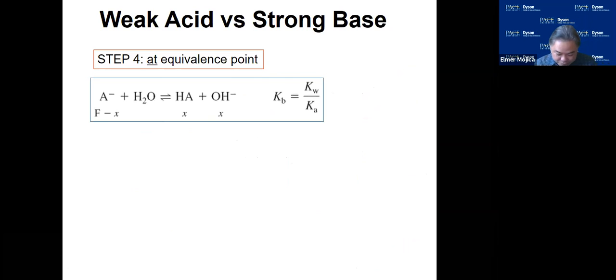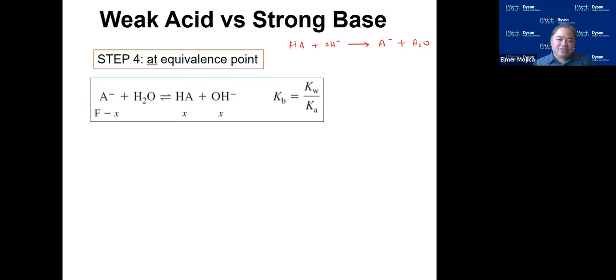So I don't know if you recall this reaction. So at equivalence point, what will happen? You don't have any more HA. All of the HA is converted to A minus plus water. Now what will happen to this? It will behave like a salt. Okay?